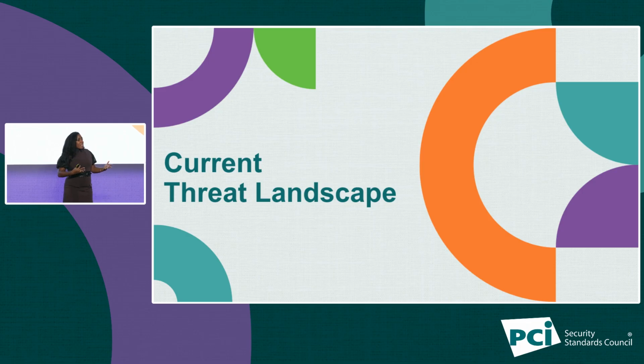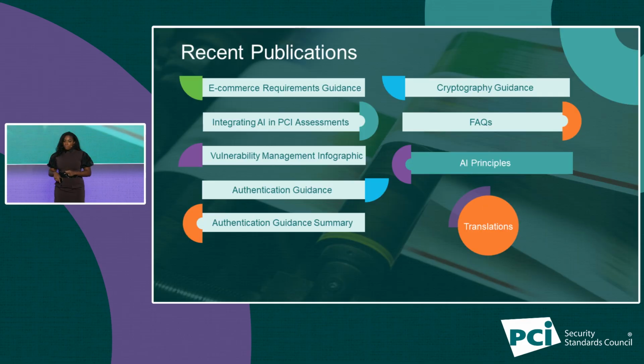We had PAN, and we needed a standardized way to protect it. Now we're looking at how we evolve and adapt to address these new challenges. And I'll tell you how we intend to do that. But first, I'll give you a little bit about what we're doing today to help support PCI DSS now.